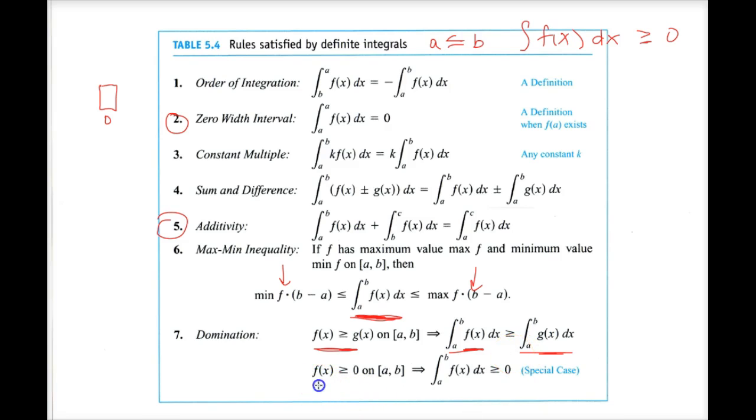And of course, here, just like I said before, we're assuming that f of x is above or on the x-axis, and that's what f of x greater than or equal to 0 means. That also means that when we find the definite integral, or the area under the curve of f of x from x equals a to x equals b, we consider that area to be non-negative as well.